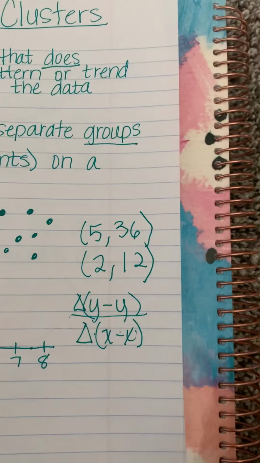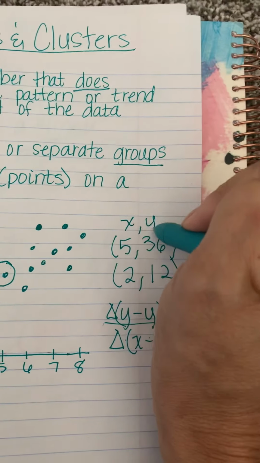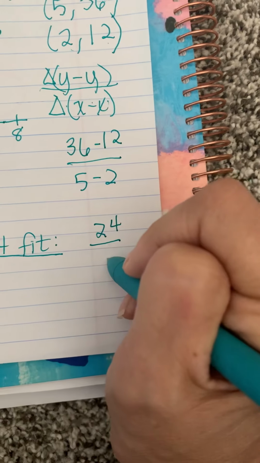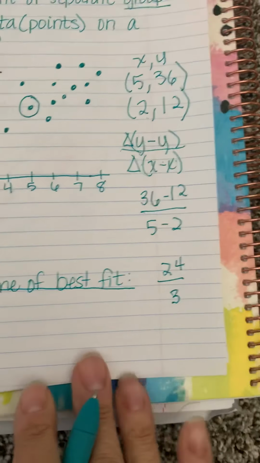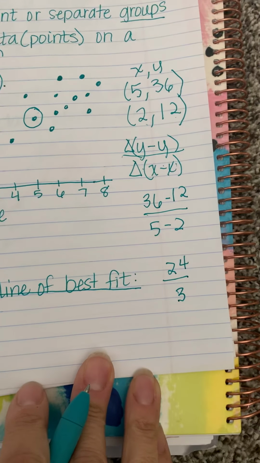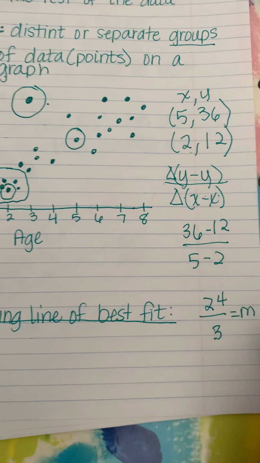So what we're going to do is, this is x, this is y, we're going to take our 2 y's and subtract them. 36 minus 12 over 5 minus 2. And we're going to get 24 over 3. Okay, so when we do 24 over 3, that becomes, does anybody remember what that is? Slope. So this is our slope.